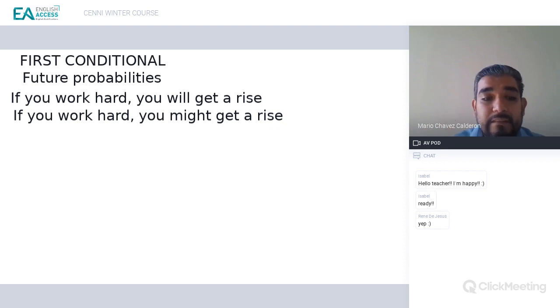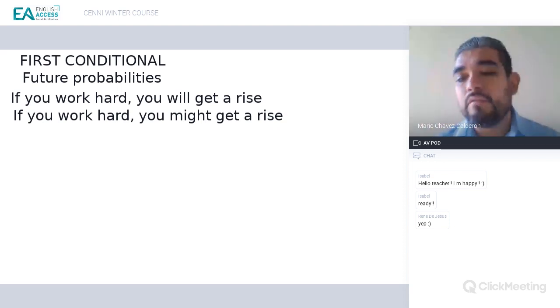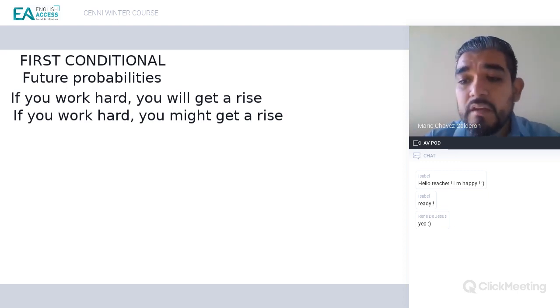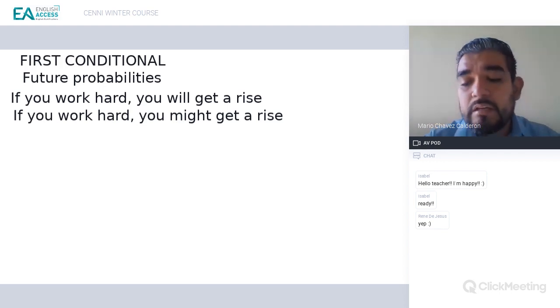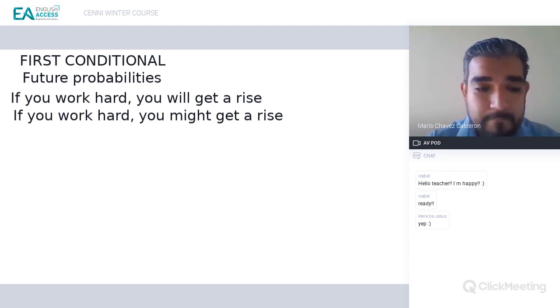And then the condition, the second clause, goes with will or might in the first conditional. We need to see the type of situation we're talking about, if it is future or present. If it is something in the present, then it has to be the zero conditional. But this is a future probability, so it has to be first conditional.